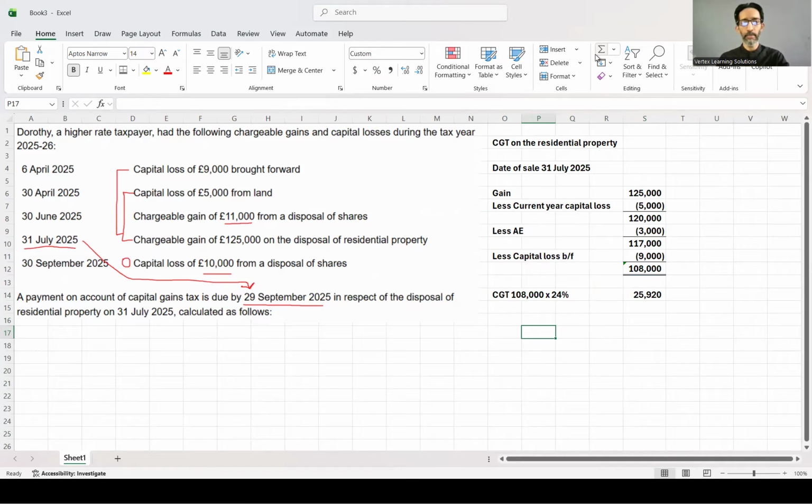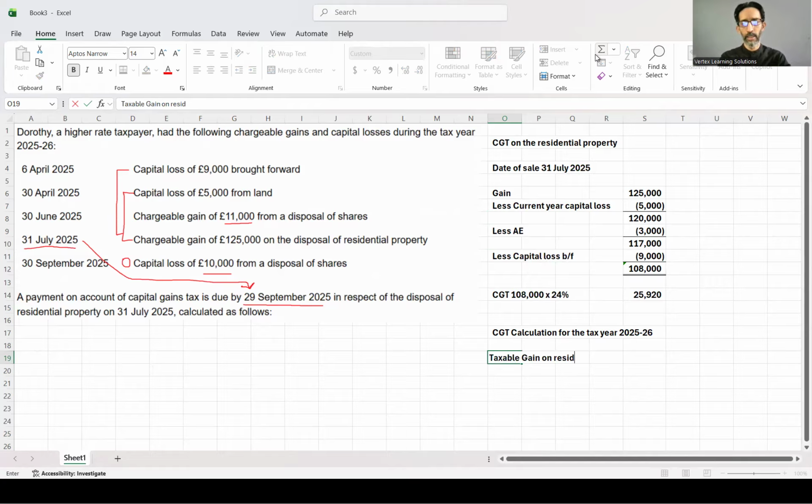Now when we make the CGT calculation for the tax year 2025-26, we will have the whole thing done. We will have the taxable gain on residential property, which we've already calculated as 108,000.